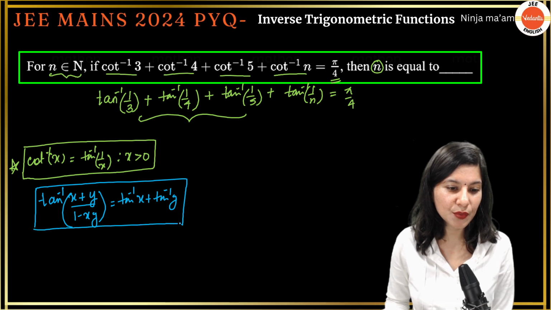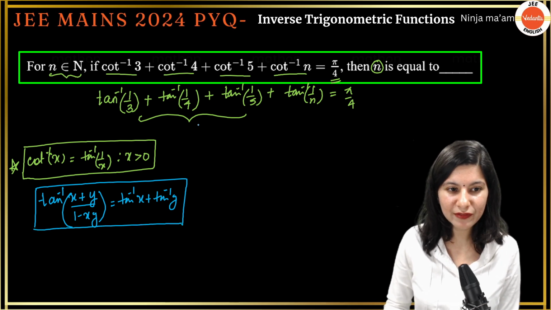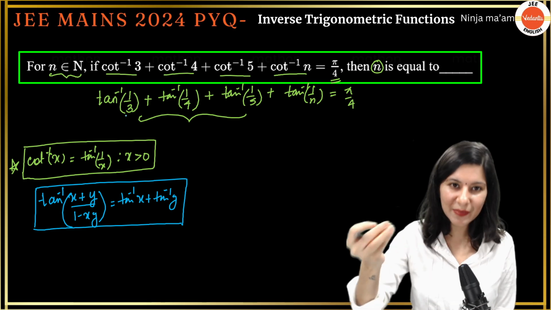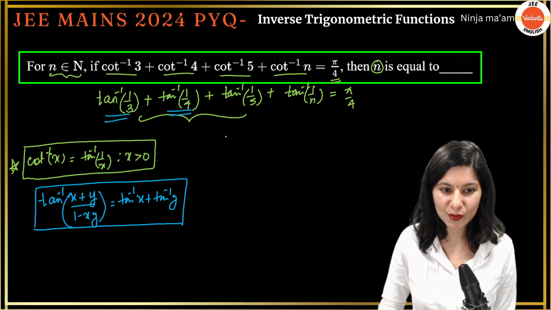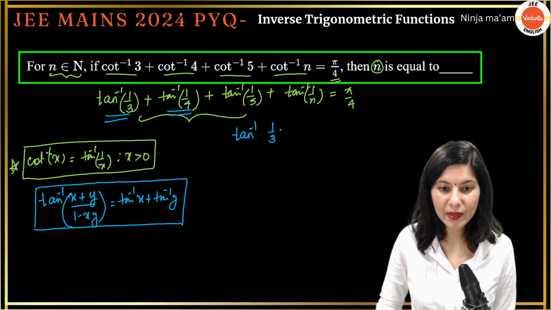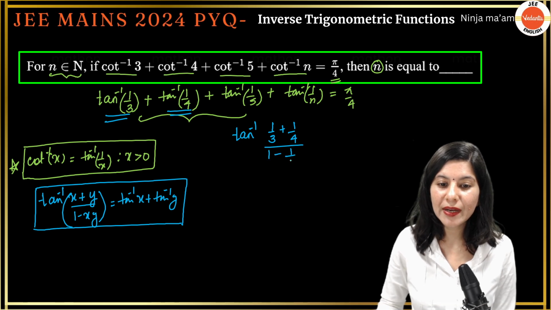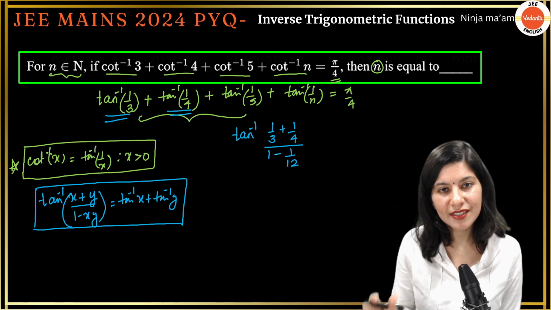All right, clear? Tan inverse 1 by 3 plus tan inverse 1 by 4. Let us first apply the formula to these two. So what we are going to get is tan inverse of (1 by 3 plus 1 by 4) whole upon (1 minus 1 by 12). Can you see the denominator is positive?